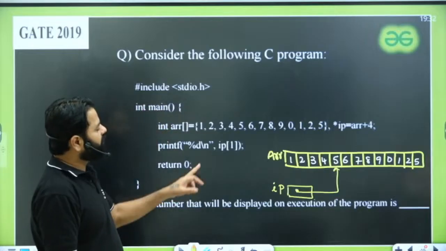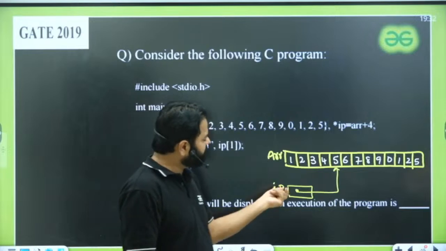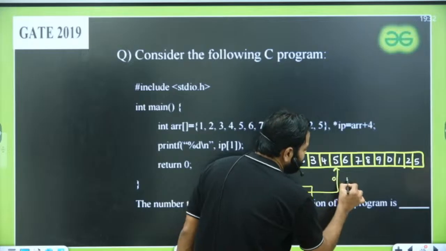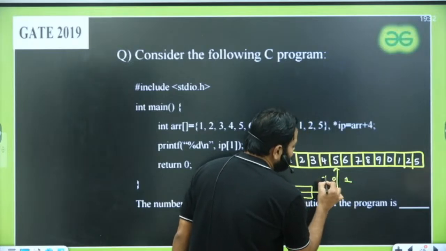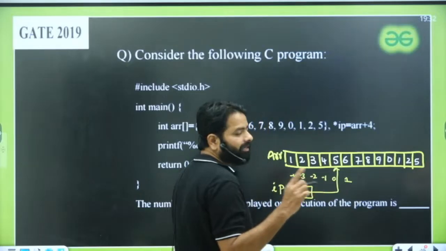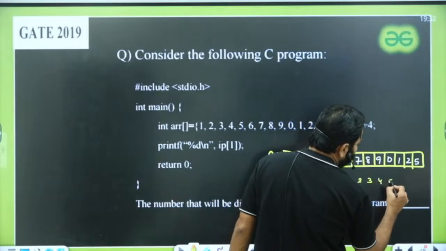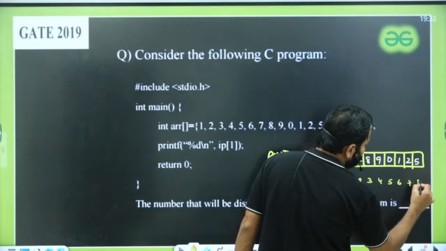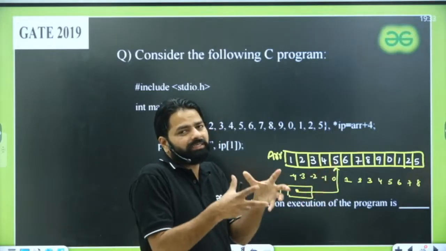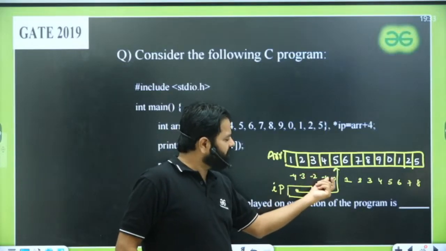And now somebody is asking, what is the IP of 1? What happens is IP is pointing to this location. This location is treated as 0 index, and this is 1 index. This is -1 index. I told in the last class, if you are dealing with any pointer, you can use the negative and positive index here. If you want to use IP to access these elements, this index can be used, because IP right now is pointing to the current location, which you can treat as 0 index.